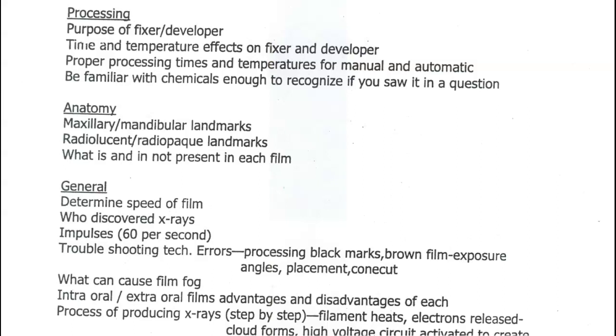So the larger the crystals, the faster your film is. So that's the question that it's asking for there. And remember that the film speed is A through E, and A is your slowest and E is your fastest. But then it goes, kind of an F and E are the most commonly used ones.